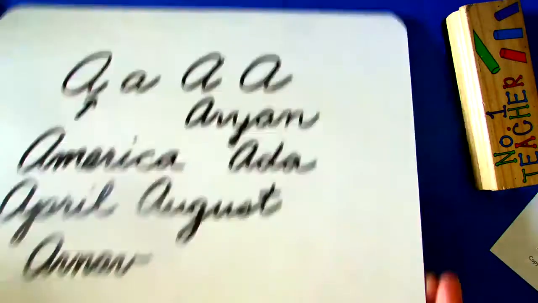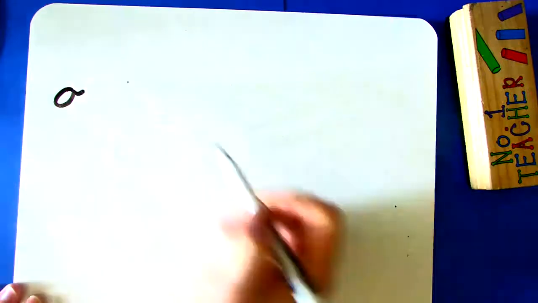I'm going to get a new board here, and I'm going to show you capital O. It's very similar to a lowercase o, except for one important part. Here is your lowercase o. Down, curving around, give it a hook.